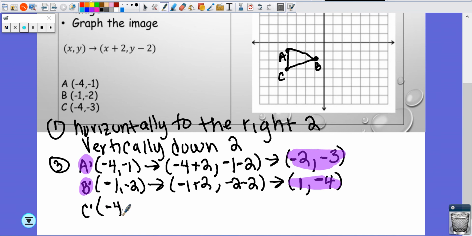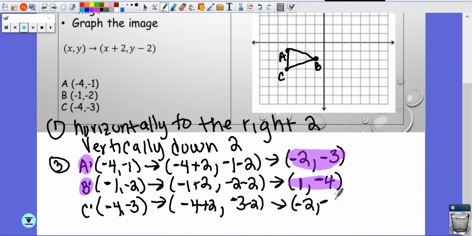So -4 and -3 is my C, and in order to get the prime, I've got to take -4, add 2 to it, and then take the -3 and minus 2 from it. If I do my math correctly, I get -2 and -5. And we're going to check on the graph to make sure we are good.